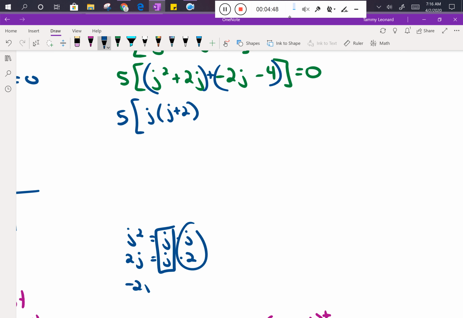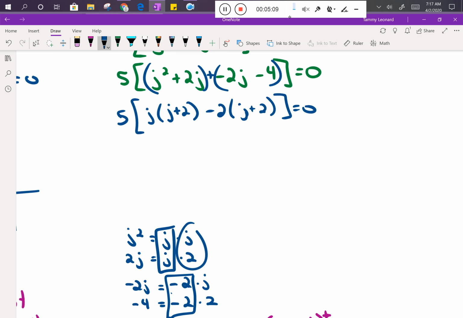Then we look at the second two, noticing that the first term is negative, so our GCF will be negative. They're both divisible by 2, and the top needs to be multiplied by j, whereas the bottom needs to be multiplied by a positive 2. So we have a GCF of negative 2 and a binomial factor of j plus 2, which is good because that matches the first binomial.